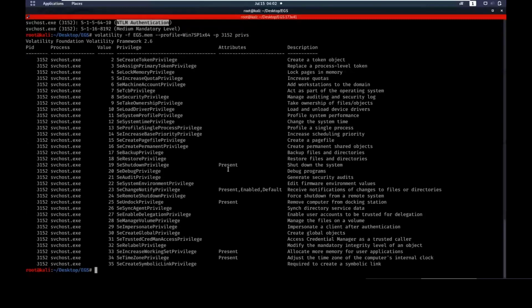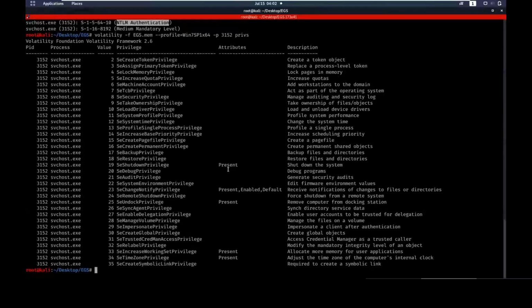It's very important because some privileges belong to that process by default, and some privileges are enabled for that process. When a privilege is enabled, we should be more focused on that, because this privilege is not supposed to belong to that process and it's somehow enabled.